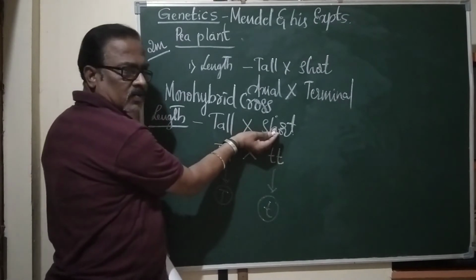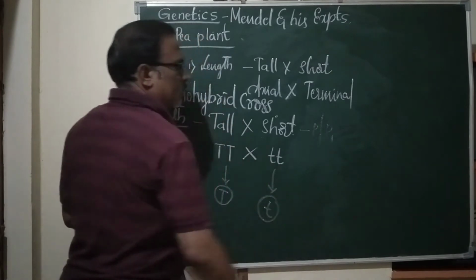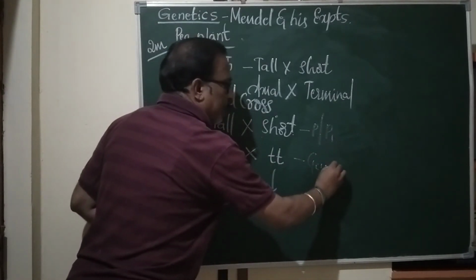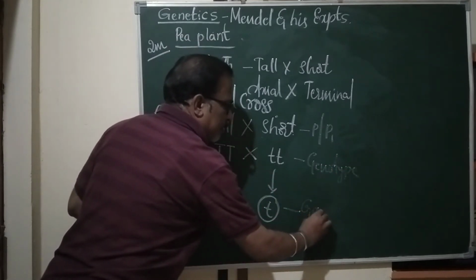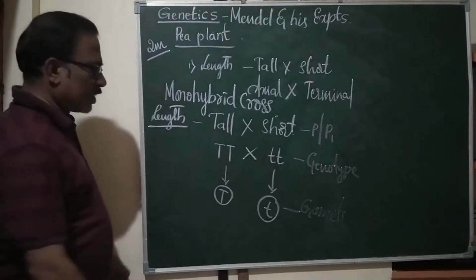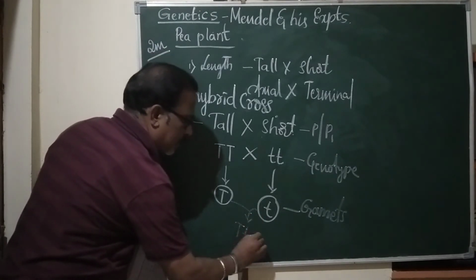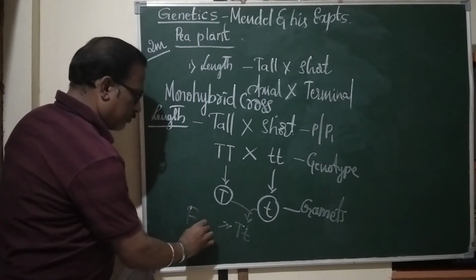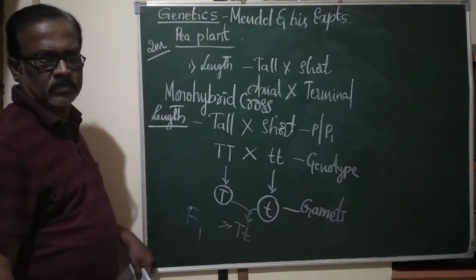This is the parental generation, represented by P or P1, and this is the genotype of the parent, and this is the gamete of the parents. By crossing these 2 gametes, we will get the first generation with the genotype capital T, small t. This is called F1 generation, that is first filial generation.